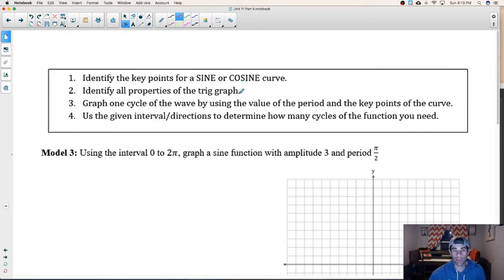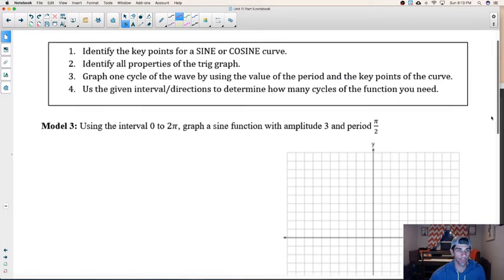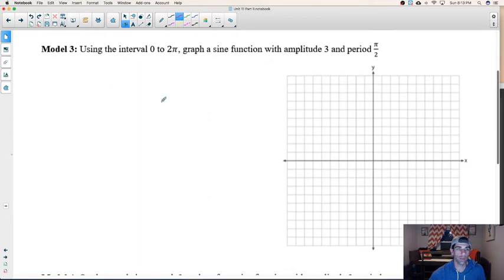The properties of the graph, okay, our amplitude, our frequency. Graph one cycle of the wave by using the value of the period, using those critical values, and use the given interval and directions to determine how many cycles you will need to do. All right. So this first one, the interval is going to be between 0 and 2 pi.